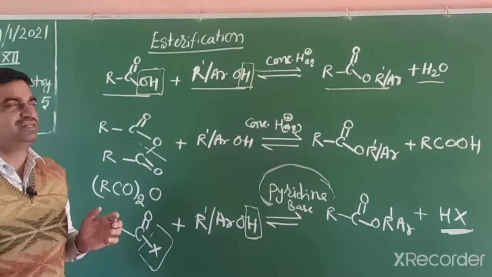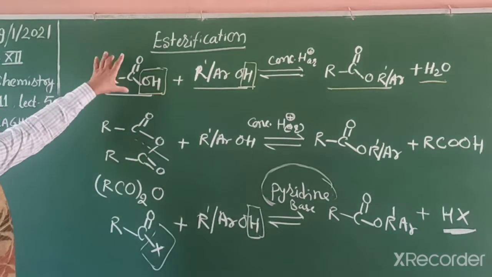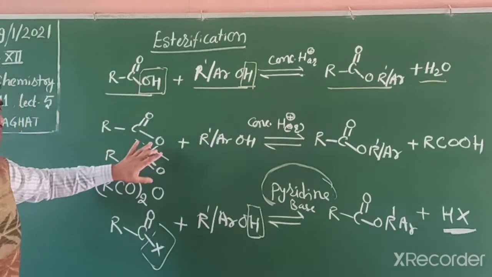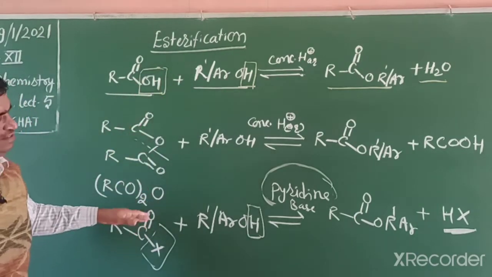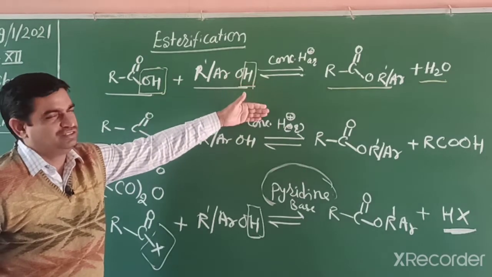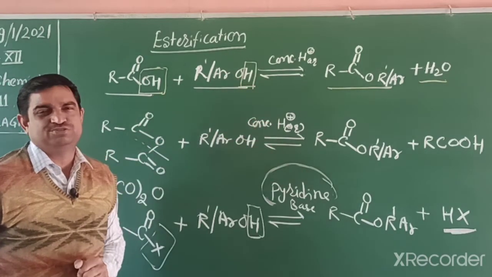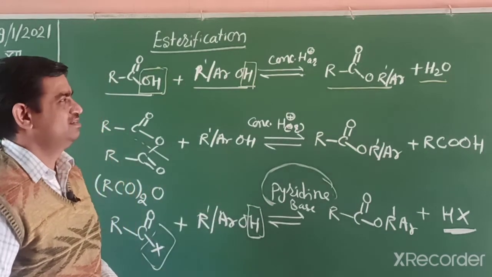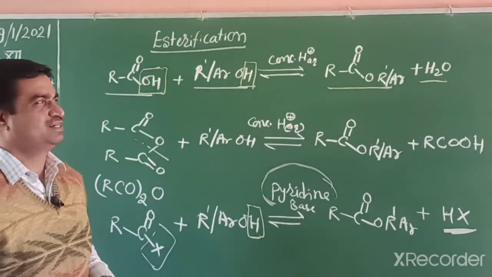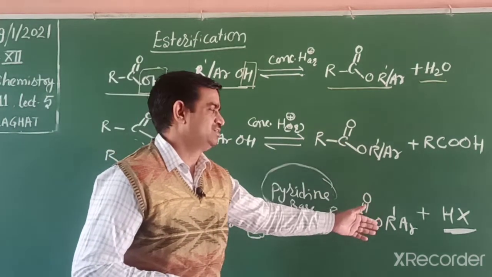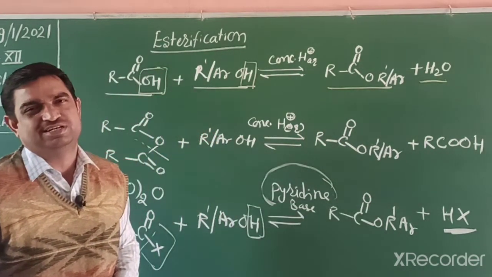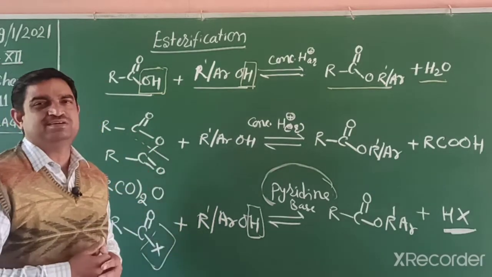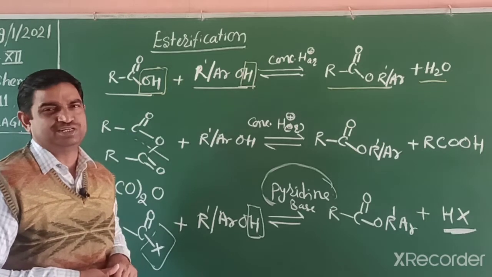But in generalization, a carboxylic acid reacts with an alcohol or a phenol, or an anhydride or acyl halide, in the presence of either concentrated sulfuric acid or a base, and they convert to the corresponding ester, as well as different products, either water, carboxylic acid or hydrogen halide. The detailed mechanism we will discuss in the next chapter, aldehydes, ketones and carboxylic acids.